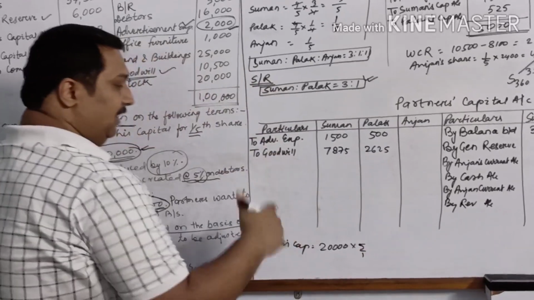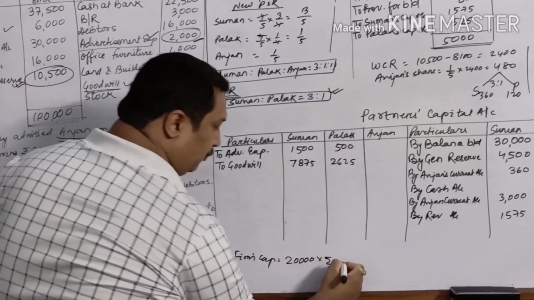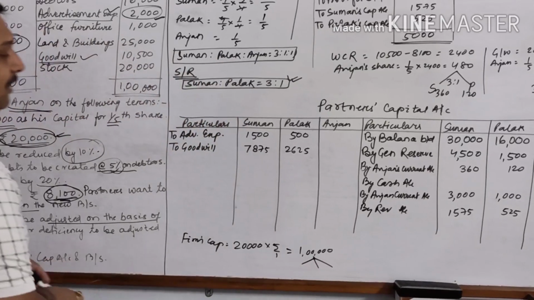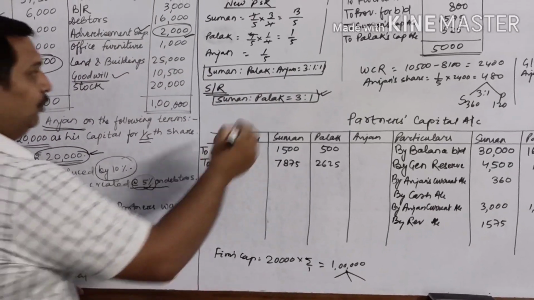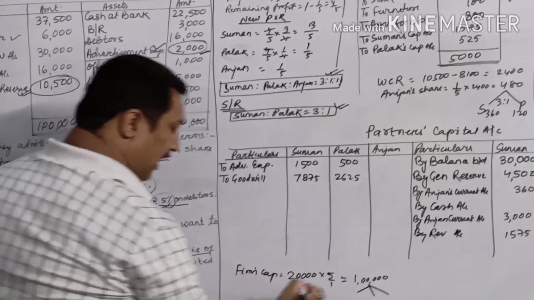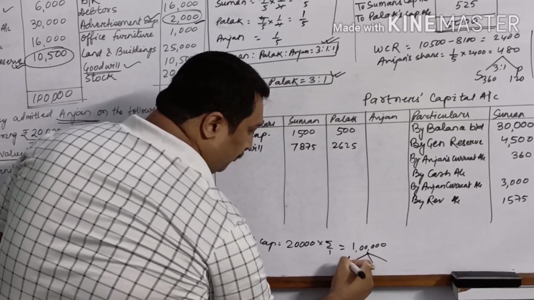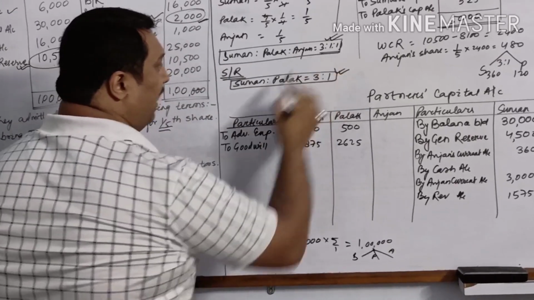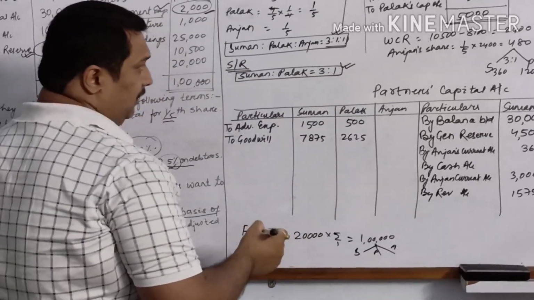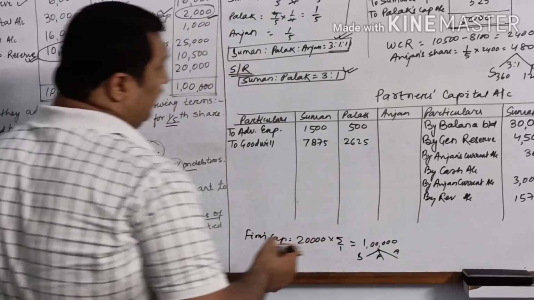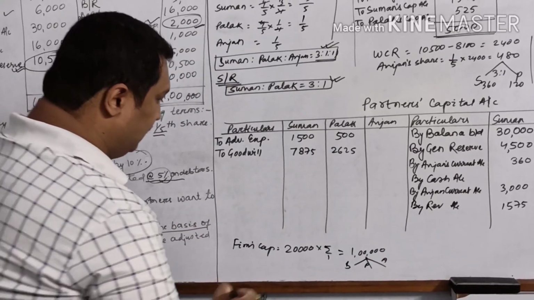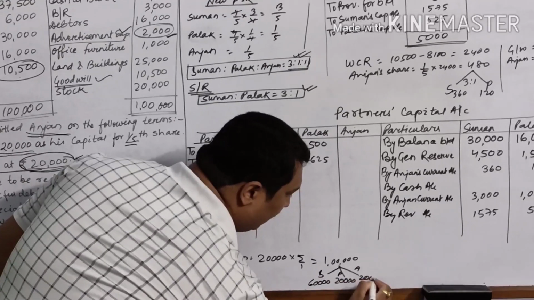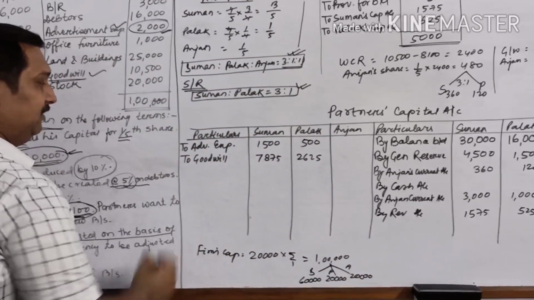The reciprocal of his share, as he had come for 1/5 share, will be rupees 1 lakh, and this will be distributed in the new ratio, which is 3:1:1. So Suman, Palak and Anjan will get the share 3:1:1. So 1 lakh divided by 5 is 20,000. So 60,000 will go to Suman, 20,000 to Palak and 20,000 to Anjan. These are the new capitals.